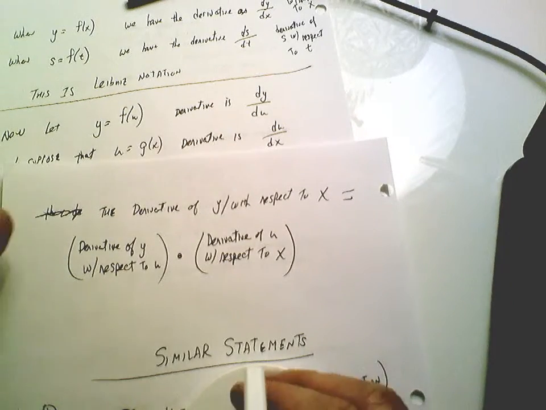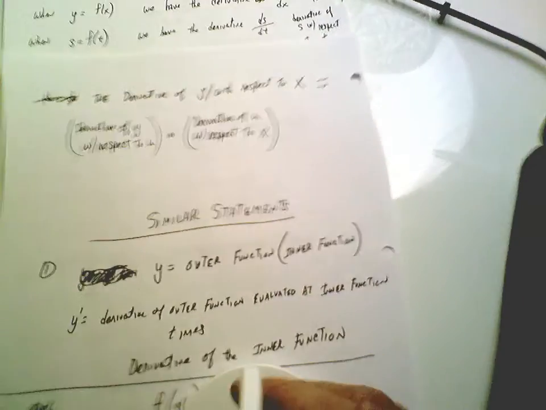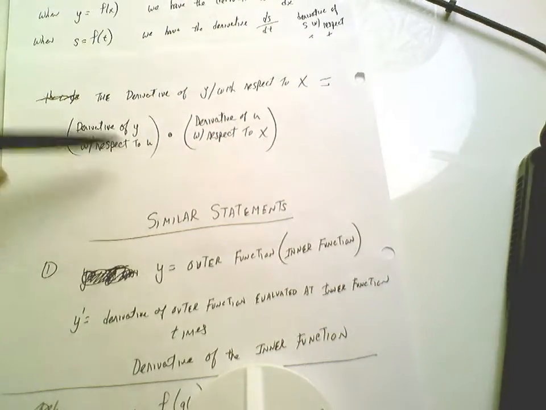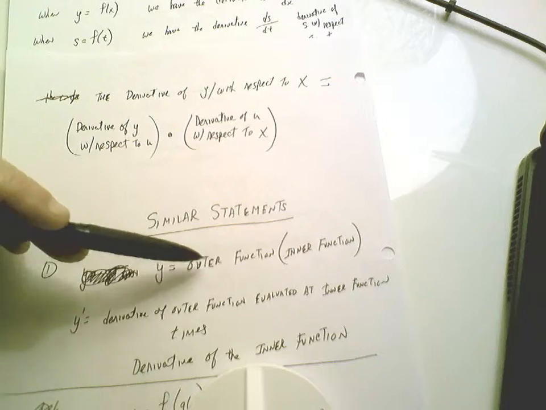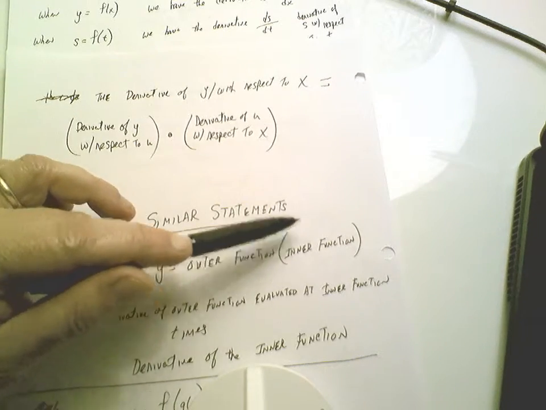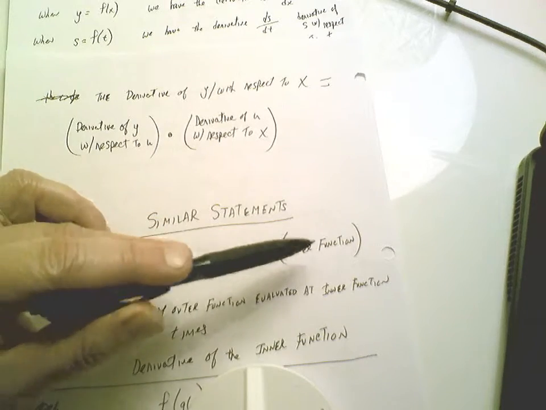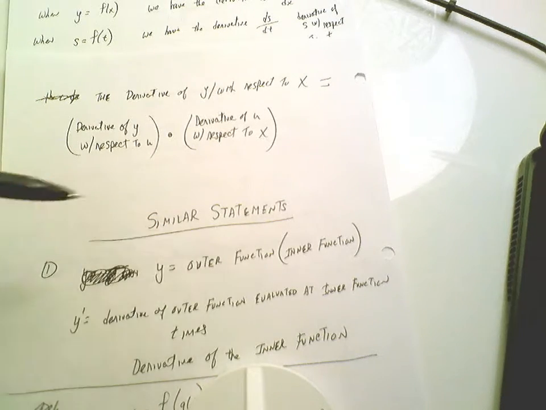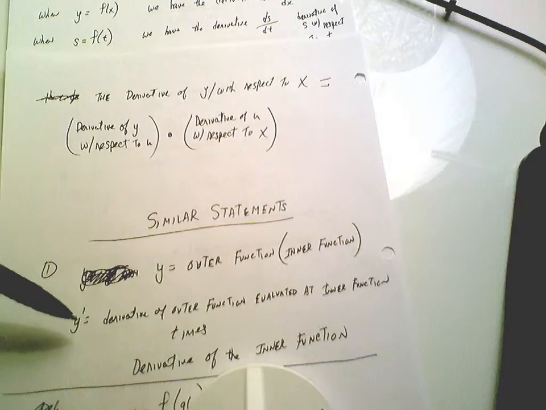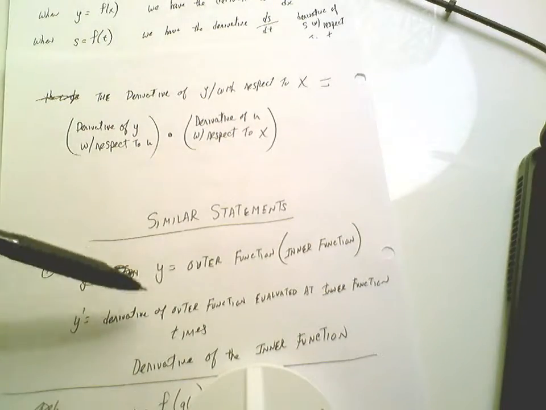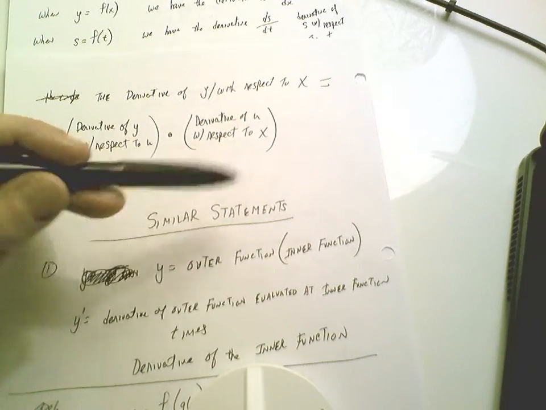Now, there are some different statements that you might see. The book might do this. Instead of f and g, you might say y equals an outer function, and that outer function works upon an inner function. It takes an inner function as its input. And so I can say y prime, the derivative, is the derivative of the outer function evaluated at the inner function.